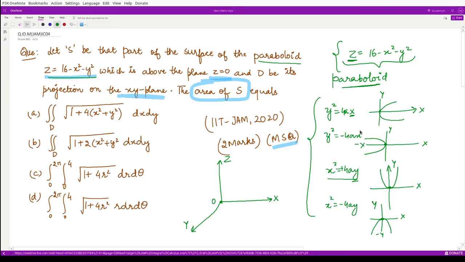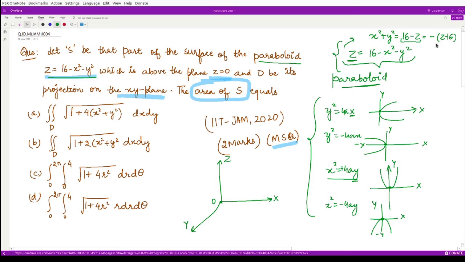And moreover here in this case, this thing is shifted, so you can rewrite this equation. Let me rewrite first. If you shift x square and y square to one side, you have x square plus y square is equal to 16 minus z. You can also write 16 minus z as minus of z minus 16.